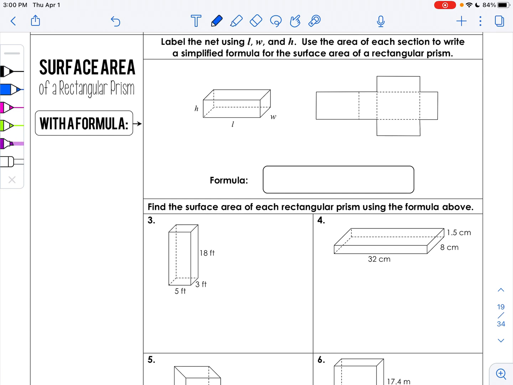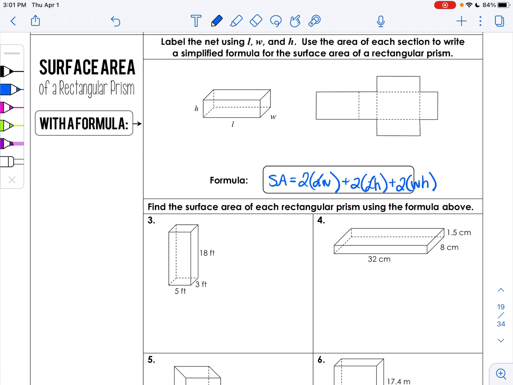Sometimes that formula is helpful, and sometimes it's just easier to remember, find the area of all of them and add them up. The formula is surface area equals 2 times length times width plus 2 times length times height plus 2 times width times height.